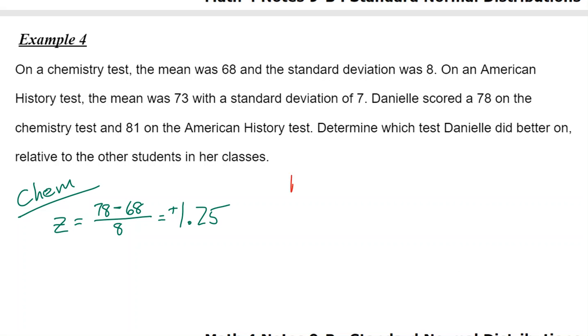Now, let's do the American history. Here, the z-score is equal to the 81 that she scored, minus the mean, which was 73, and the standard deviation was 7.